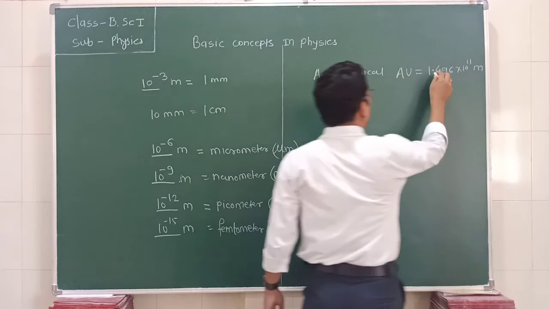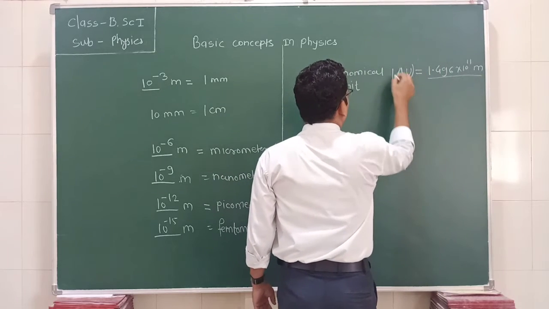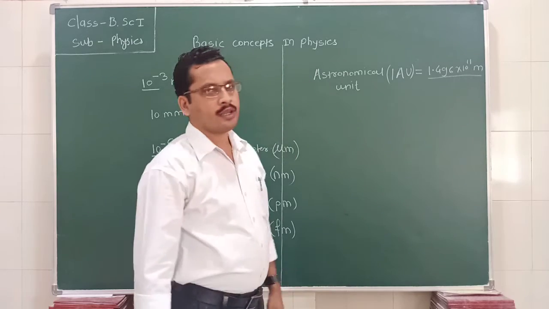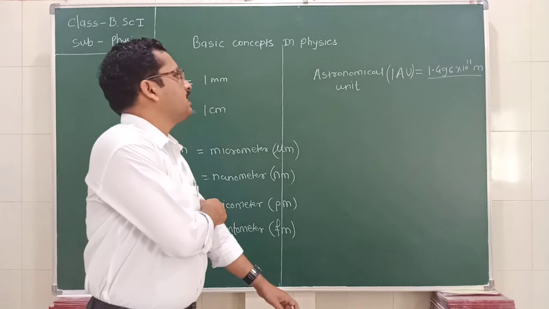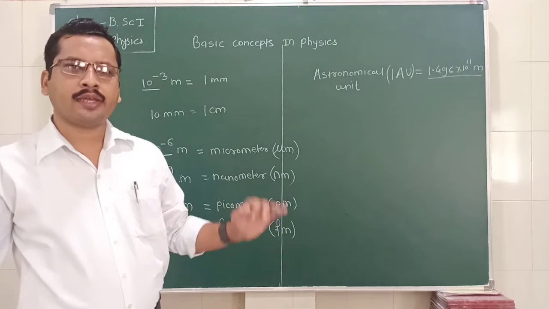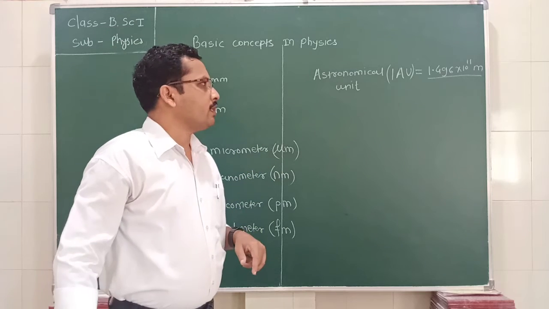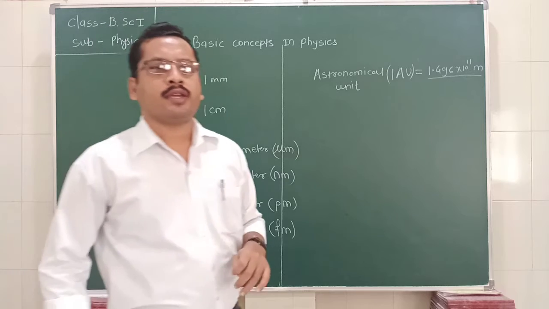Such a large distance is called 1 AU, 1 astronomical unit. So we can measure the distance between the earth and moon or any other pair of bodies with the help of this unit, which is called the astronomical unit.